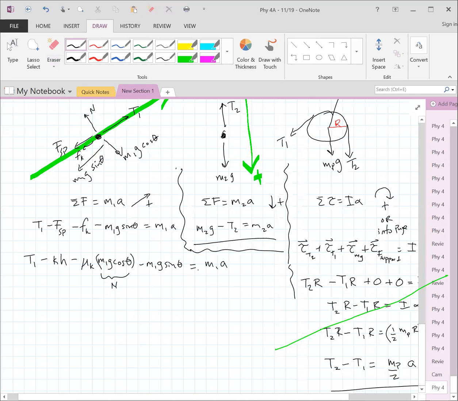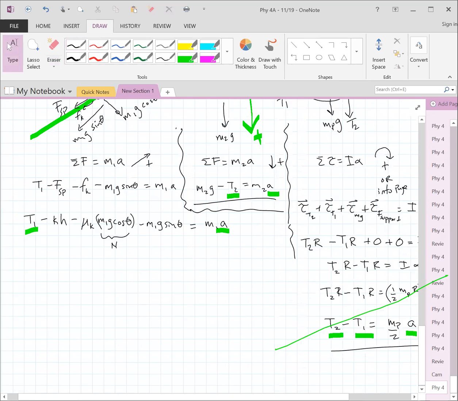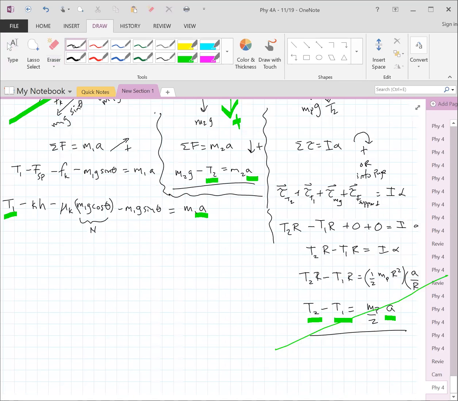And now we have an equation that only has two unknowns in it, tension and acceleration. And so now we have three equations, three unknowns.